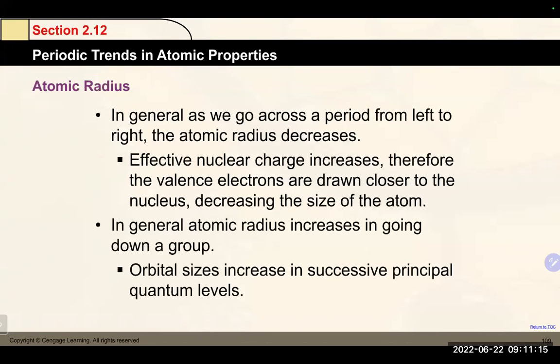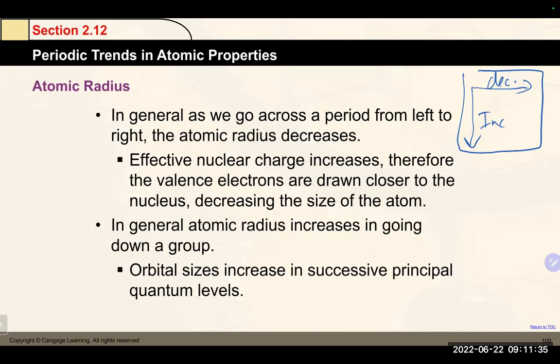Now, this relates to the size. When we talk about the overall size of an atom, as we go up and to the right, it gets much smaller. So size decreases as you go this way and will increase as you come this way.